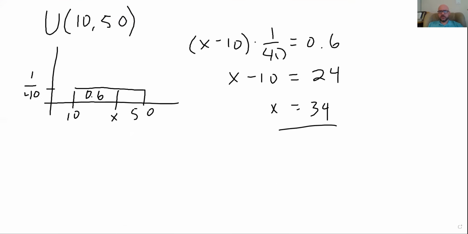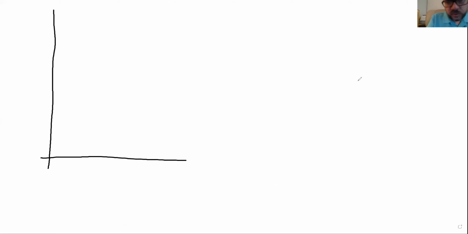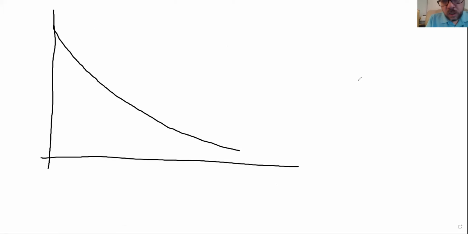So let's look at an exponential distribution. So we have this. I'm going to draw this real big so we get a nice big picture here. All right, so this is not the mean. This is just literally any point in the middle, k.